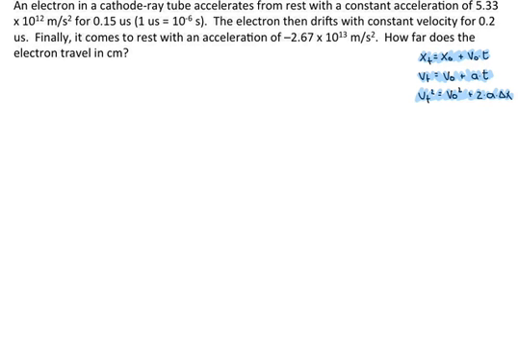So if you have something like this, say this is the velocity for the electron and this is the time, you have an electron that is first accelerating, meaning that the velocity is increasing at a constant rate. Then it is going to drift at constant velocity, so the velocity will remain constant for a given period of time. And at the end, the electron is going to decelerate until it comes to rest.